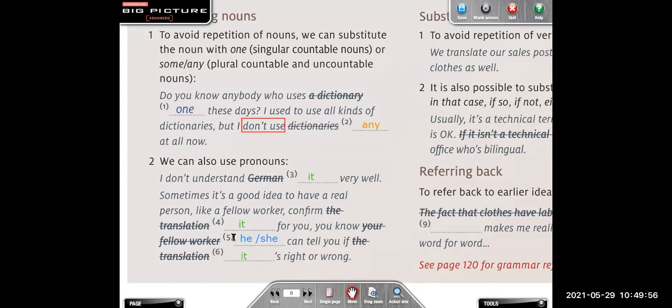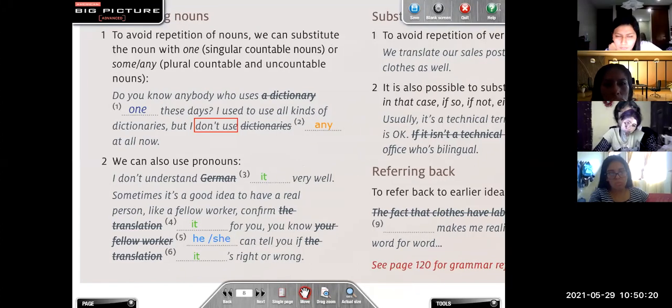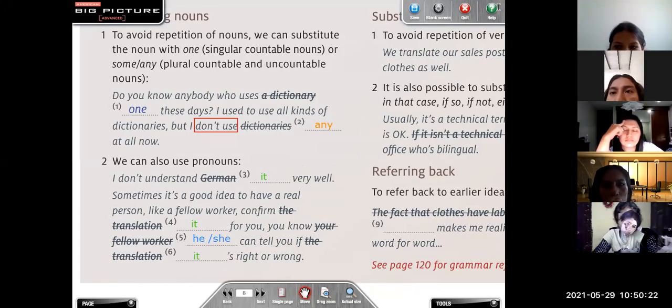So remember, we can use one, ones, any, or some to replace nouns, and we can use pronouns also to replace nouns. Any questions about this part? Any doubts until here? No? Okay, let's move on. Let's go to the next part.